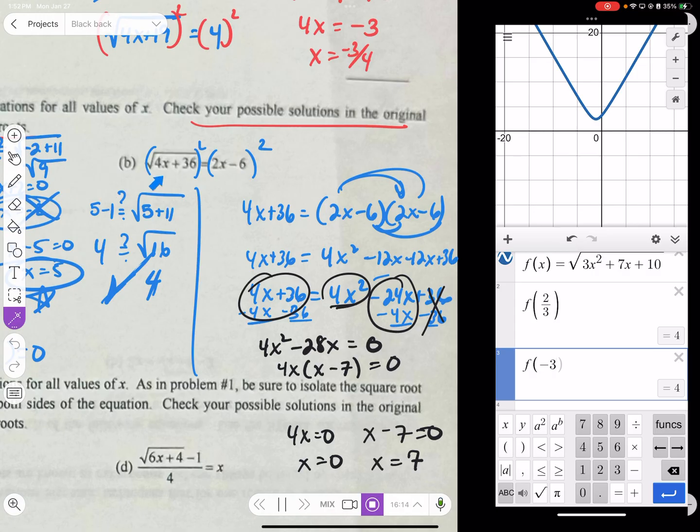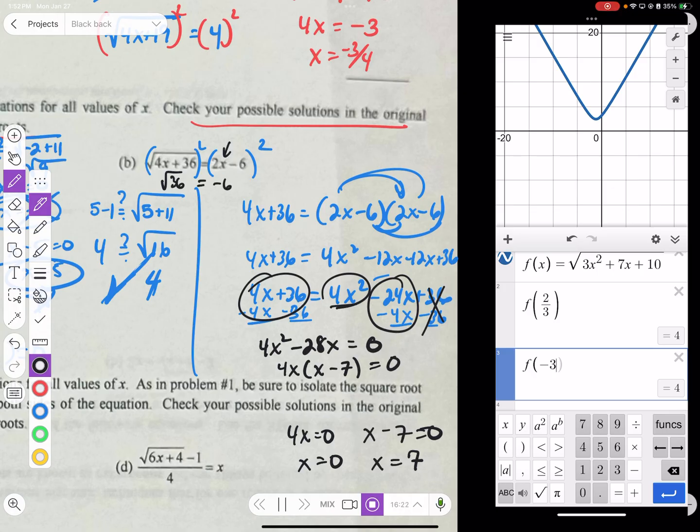Let's see, if I put in a 0, 4 times 0 is 0. So I'd end up with the square root of 36. Does it equal, plug in a 0 there, I get negative 6, and the answer is no. Square root of 36 is 6. So I cross out this 0. It didn't work. I'm going to check the 7 now. 4 times 7 is 28 plus 36.